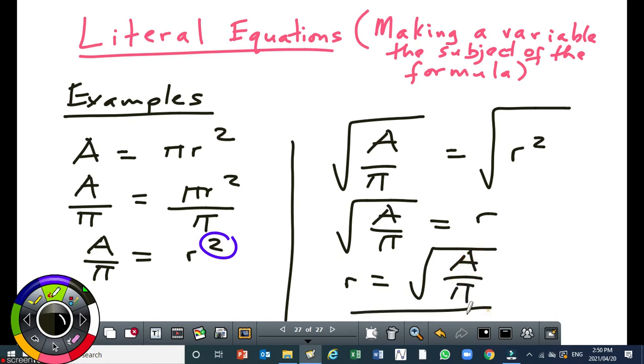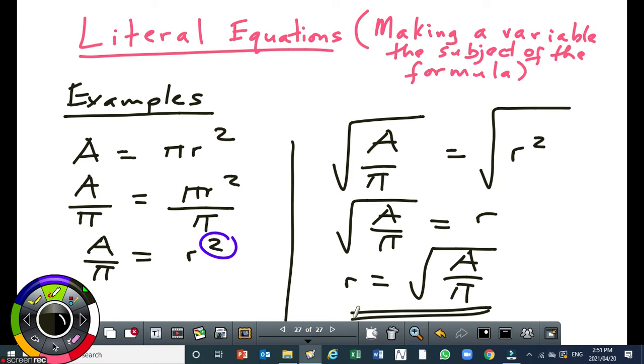This equation here is the equation that we can use to determine the radius, as long as we know the area of that circle. And this is part of what are called literal equations, because we are not finding a value for the radius. We are only writing a formula that can be used to determine the radius.